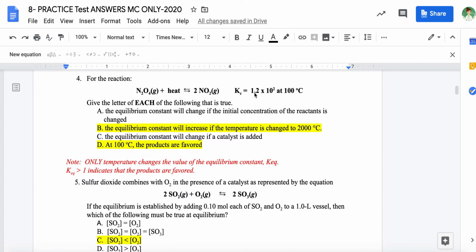I notice that I also have gases, so changes in pressure could cause a shift because I have different moles of gas on each side of my balanced equation. Remember, the only thing that changes the value of the equilibrium constant is temperature.